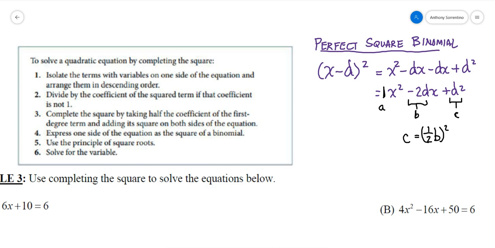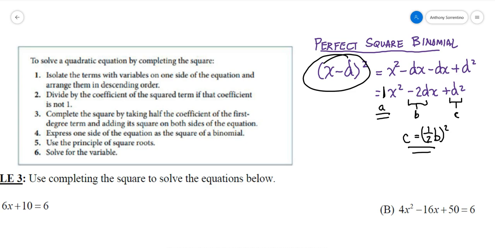And when I go through this procedure, what I'm looking to do is get into a format that, if I have it so that this is true, then I should be able to rewrite it as a perfect square binomial.